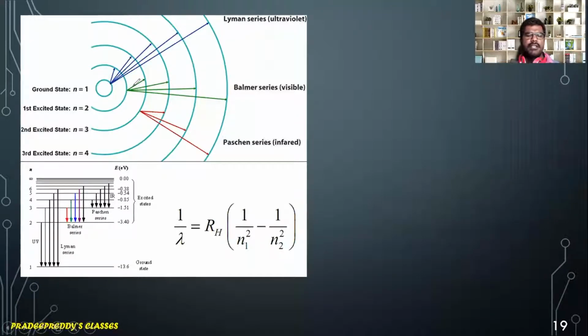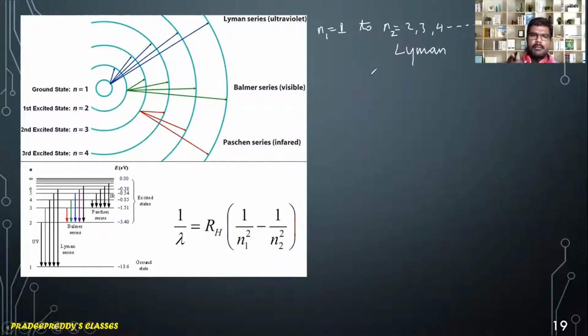So if a transition is taking place in such a way, from n1 equal to 1 to n2 equal to 2, 3, 4, and so on, then in such cases this kind of spectrum is called Lyman series. It is said to be Lyman series. So we are dealing with emission spectrum.